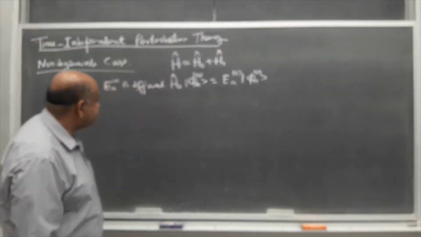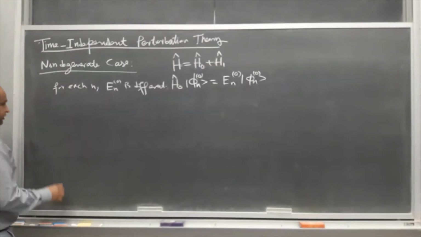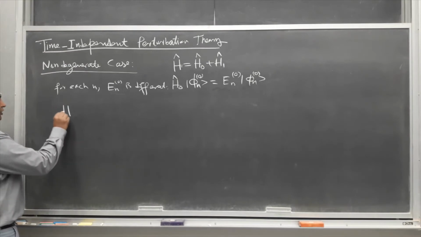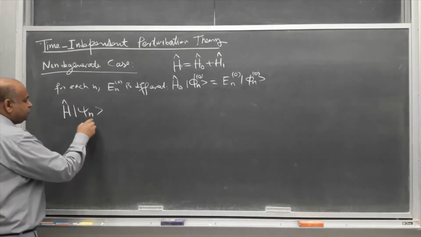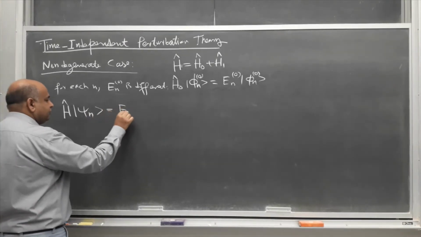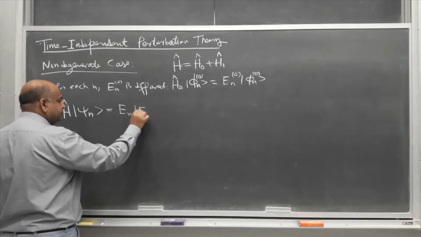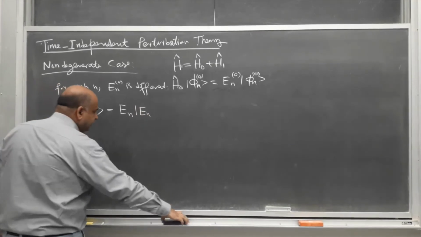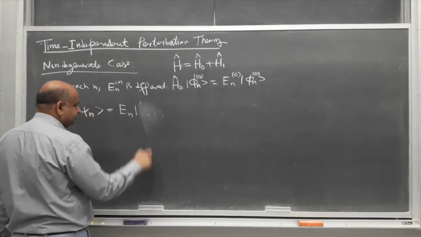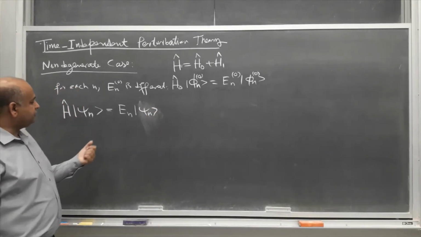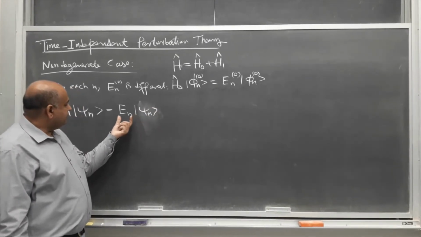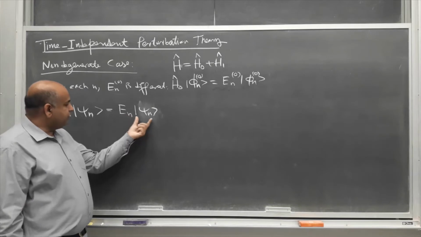And let's assume that for the actual Hamiltonian there are solutions psi n with energies E n, and the goal of perturbation theory is to find a better approximation for E n and psi n.